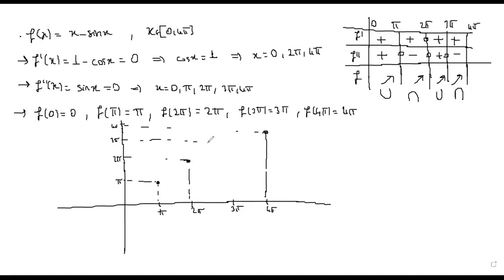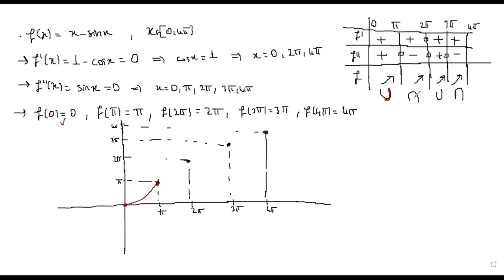Now we need to determine if it's concave downward or upward. Now it's upward and increasing, so it should look like this till pi, from 0 to pi. This is on the graph also because we have this. So it should look like this.